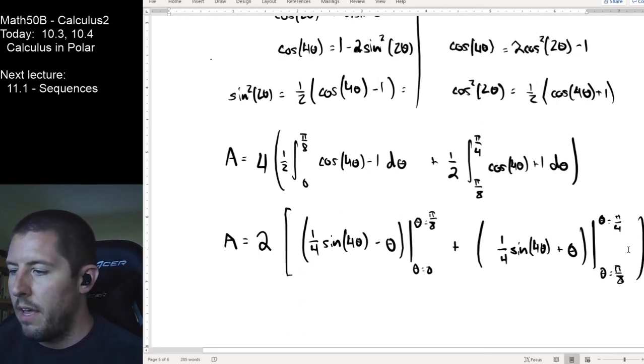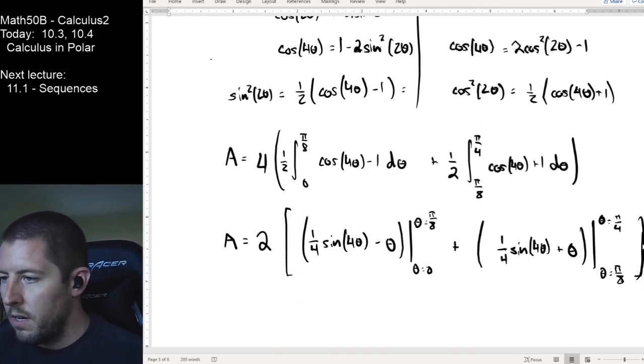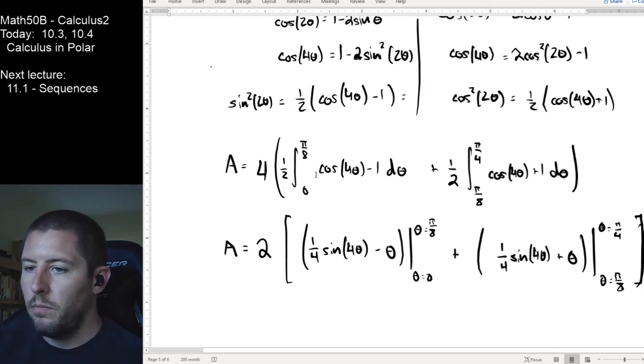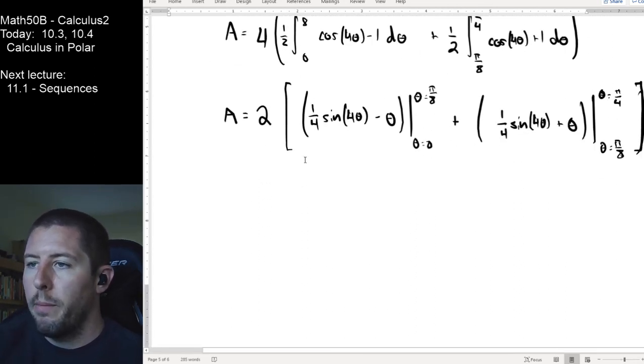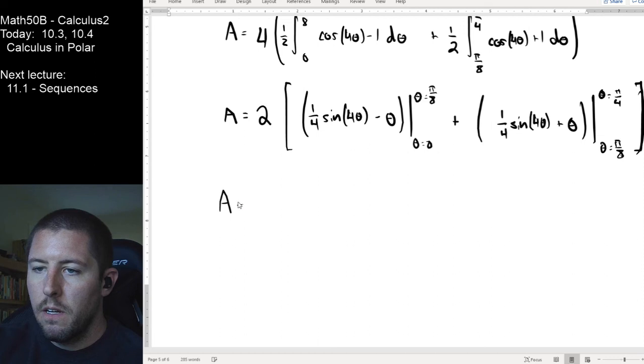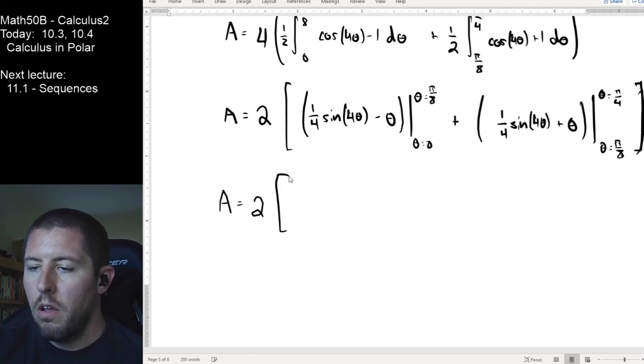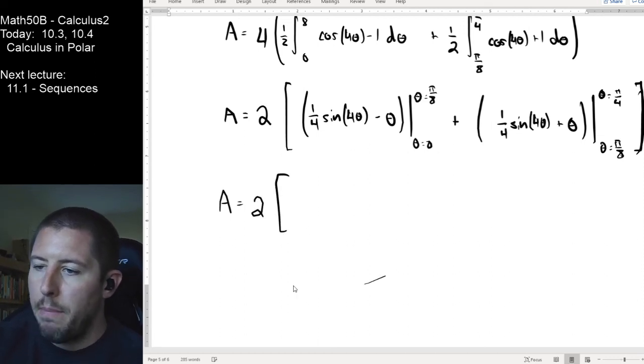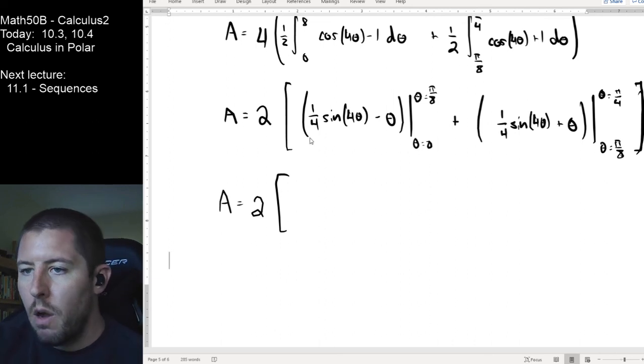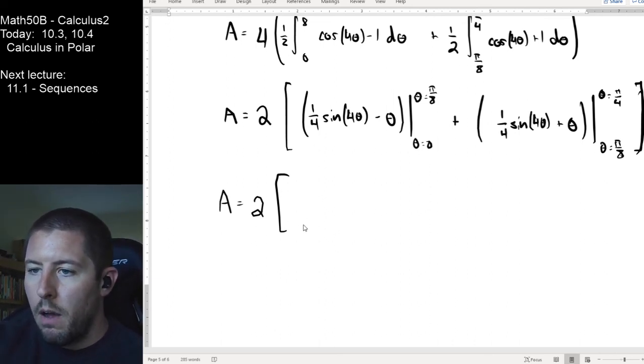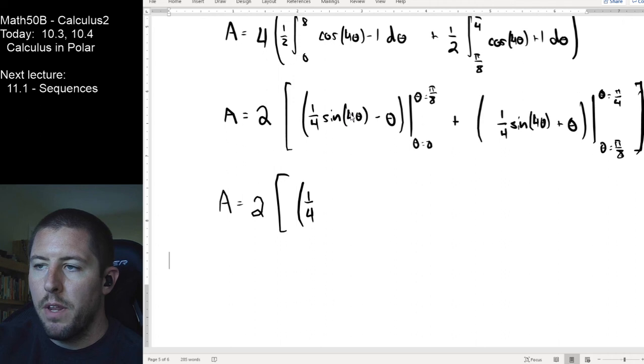All right, let's just evaluate, and we are cruising here. Oh, come on, pen, you gotta pick it up here. So I'm seeing here 1/4 of, plugging in pi eighths into sine of 4 theta. 4 copies of pi eighths is pi halves.